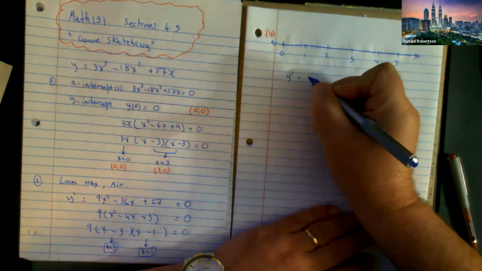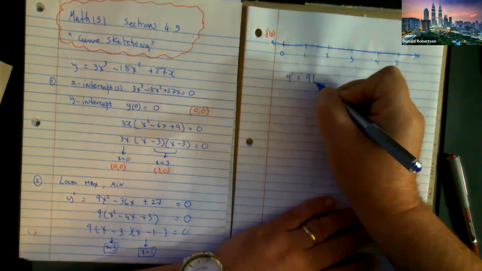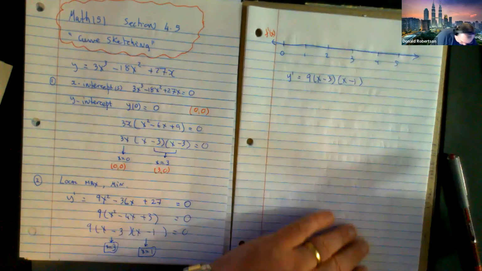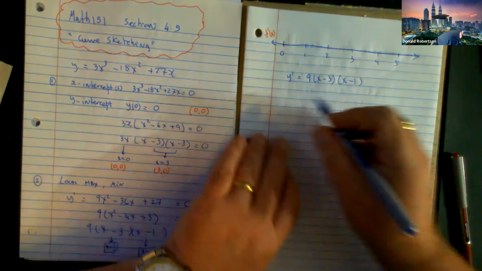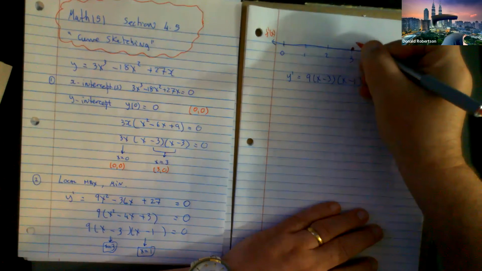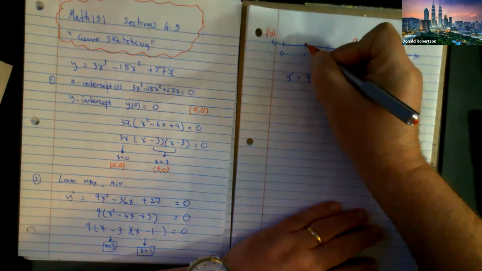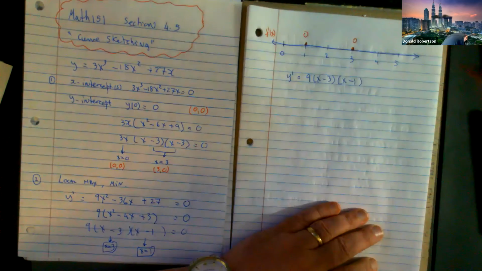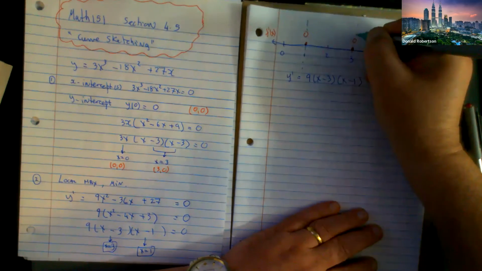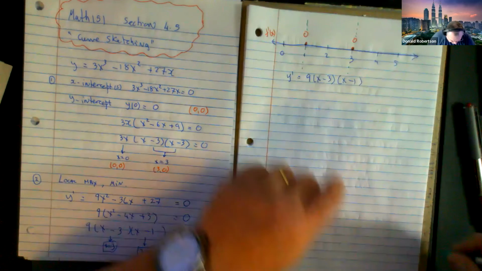I'll write down the factored version of the derivative, which is actually easier to work with, and I will find some test points. But first I have to put in that at this value the derivative is 0, and at that value the derivative is 0. And I'll put in my little invisible dotted lines just to emphasize that there are 3 separate regions that I need to find the derivative for.